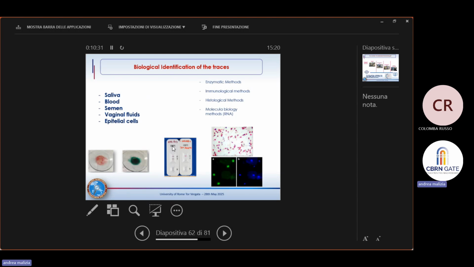This is a test exactly like the pregnancy test to say if someone is pregnant, based on immunological substances that recognize, for example, blood or semen or saliva.